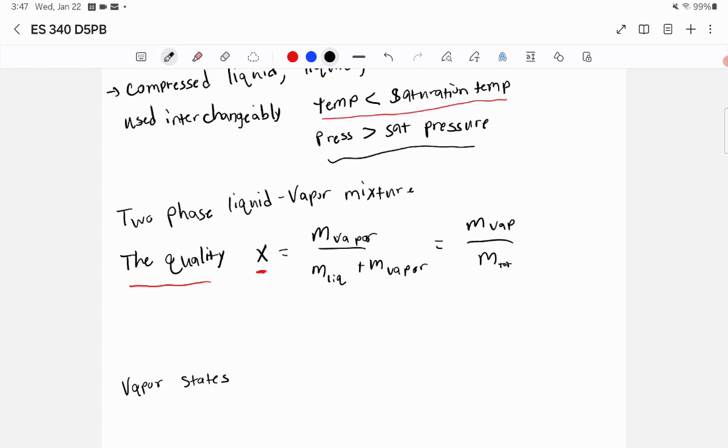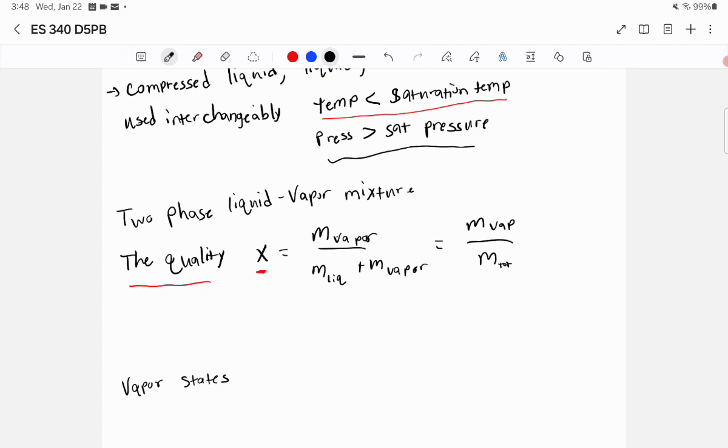I want to make clear that the quality is only useful when we're in the mixture. It doesn't make sense to think about the quality as you increase beyond into the superheated region, which we'll talk about in a moment.